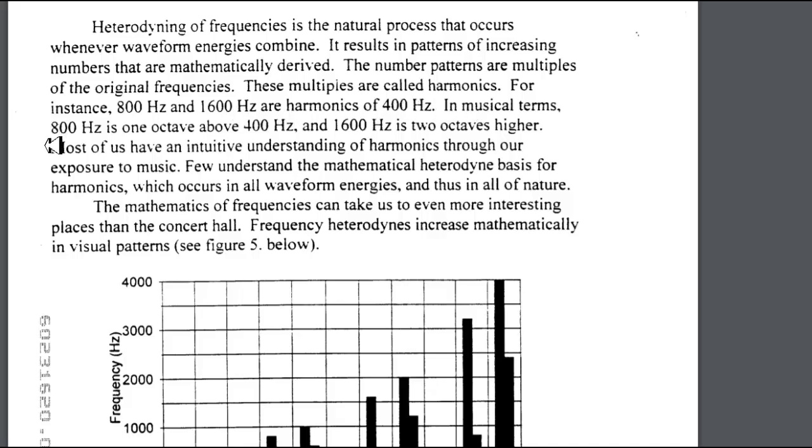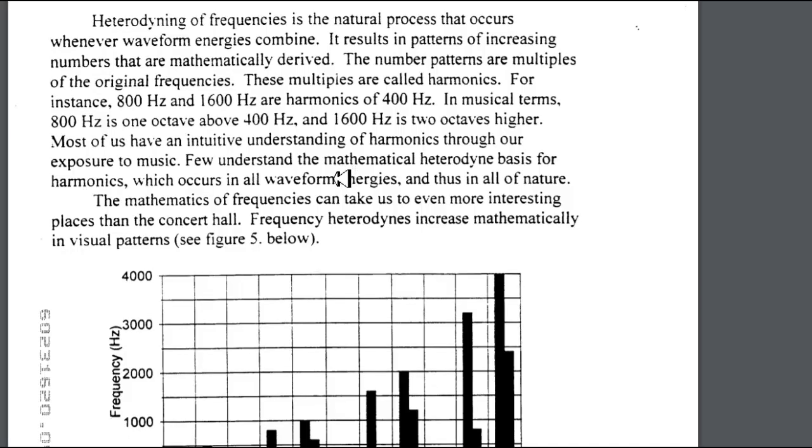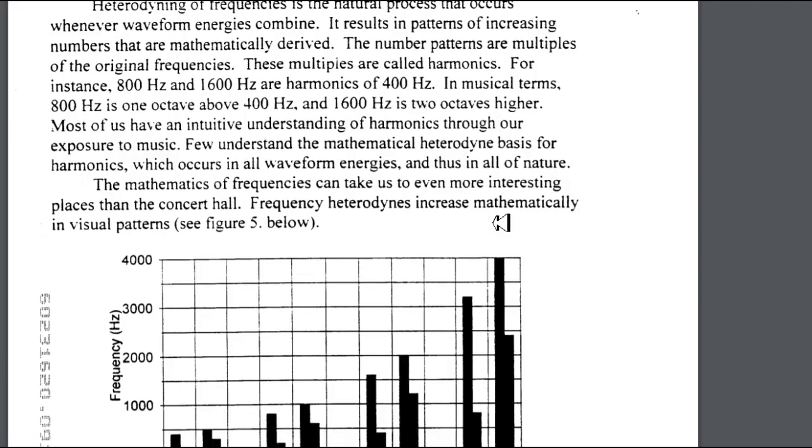In musical terms, 800 hertz is 1 octave above 400 hertz, and 1600 hertz is 2 octaves higher. So most of us have an intuitive understanding of harmonics through our exposure to music. Few understand the mathematical heterodyne basis for harmonics, which occurs in all waveform energies, and thus in all of nature.